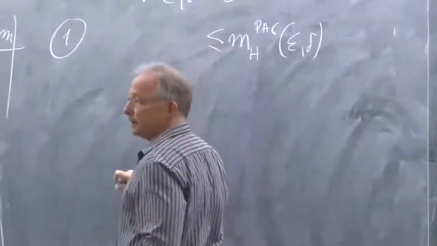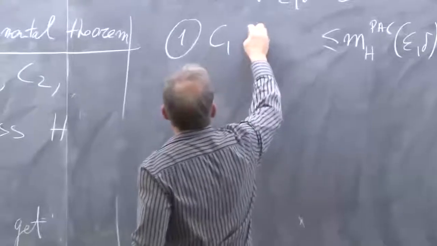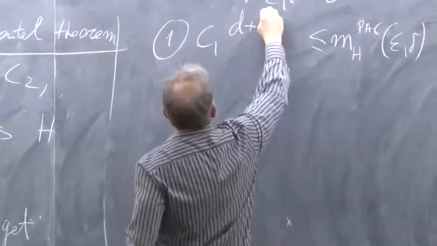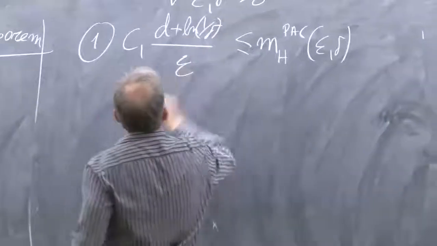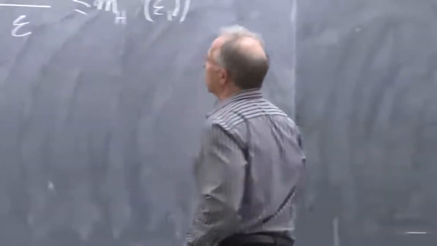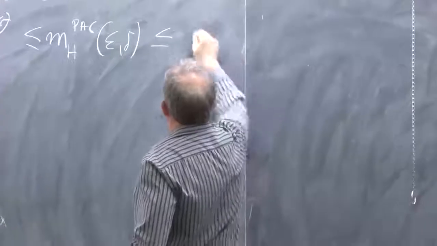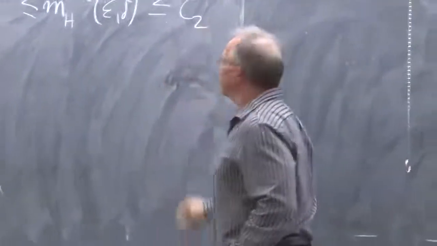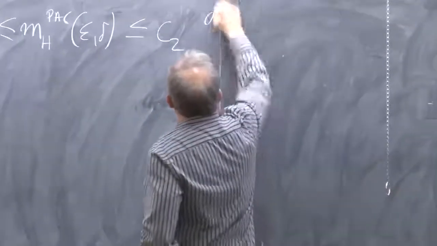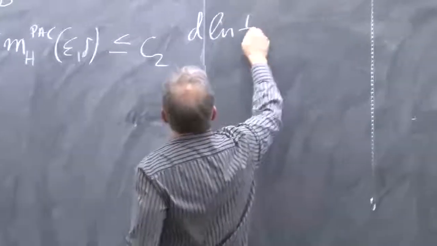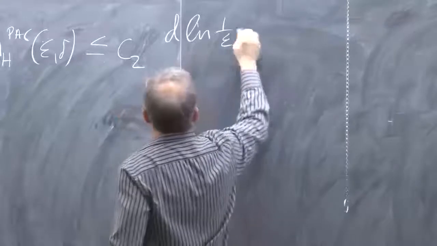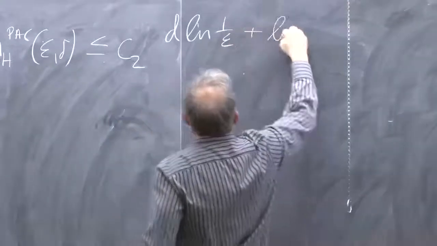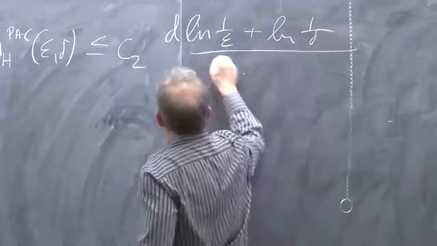And this will be above C1 times (D plus ln 1 over delta) divided by epsilon, and below C2 times (D ln 1 over epsilon plus ln 1 over delta) divided by epsilon.